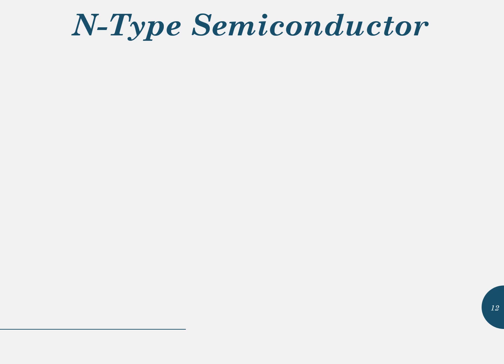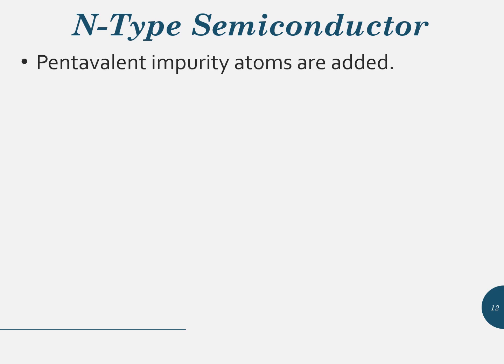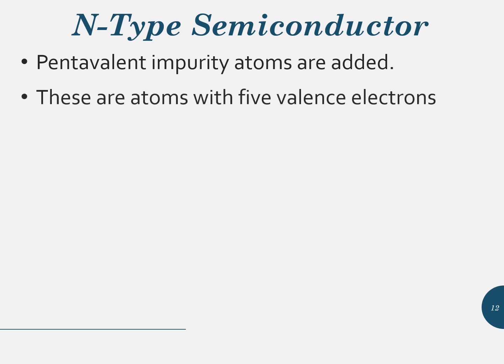In N-type semiconductor, pentavalent impurity atoms are added to increase the number of conduction band electrons in intrinsic host atom. These pentavalent impurity atoms are atoms with 5 valence electrons such as arsenic, phosphorus, antimony, etc.